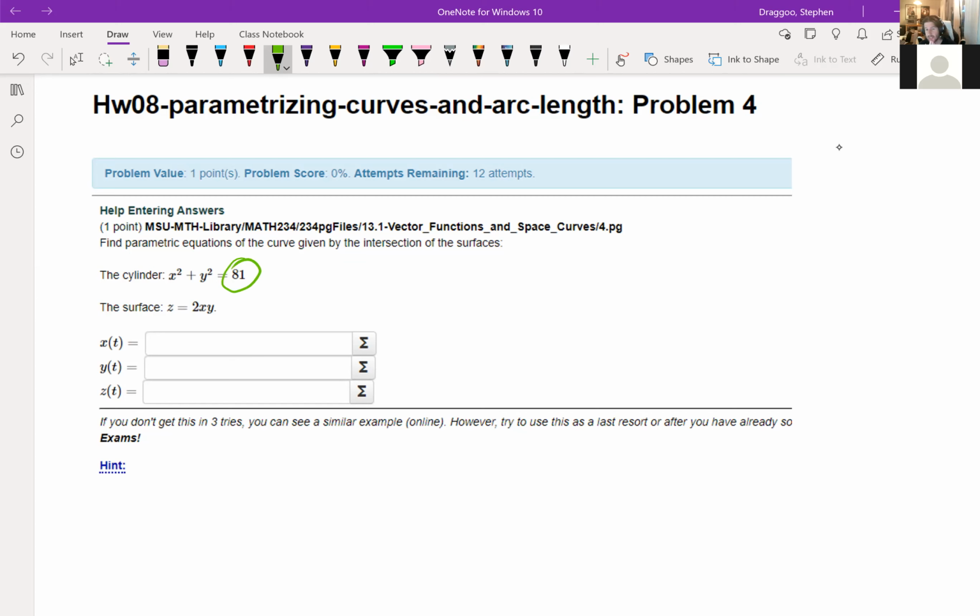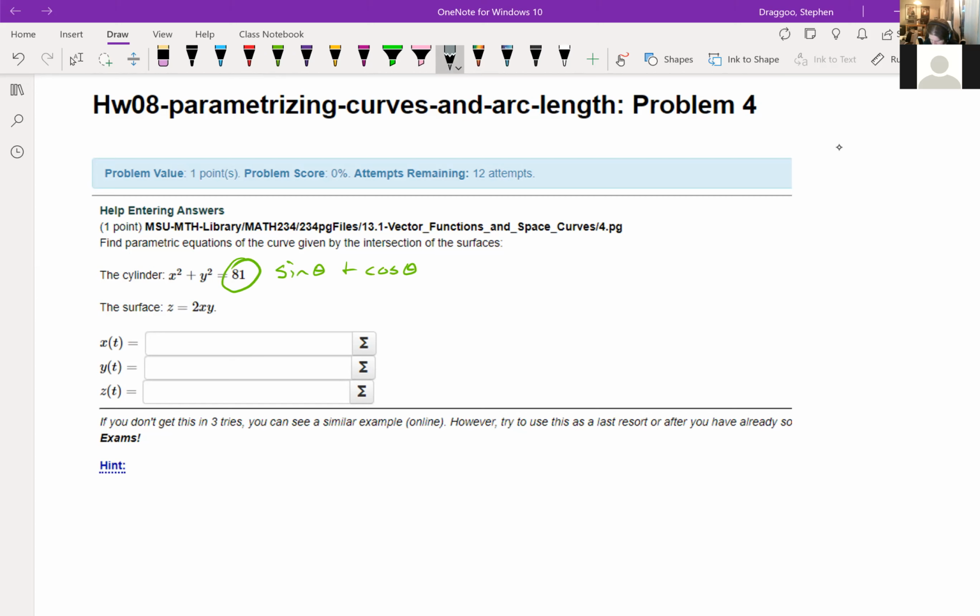In our case, our two square terms added together is equal to a constant number, which means that it's looking like the equation of a circle. Anytime it's equal to a constant number, we probably want to use sine and cosine as our parameterization. So this is looking good for sine and cosine.